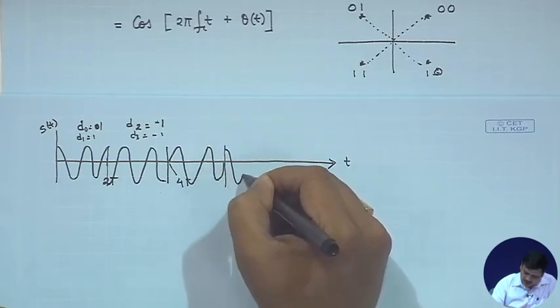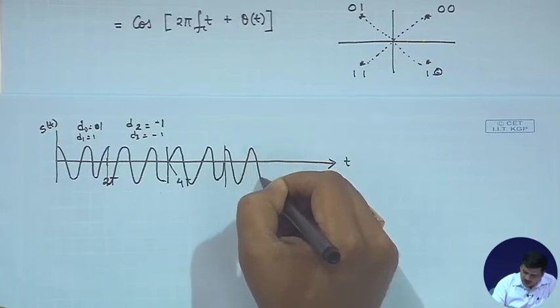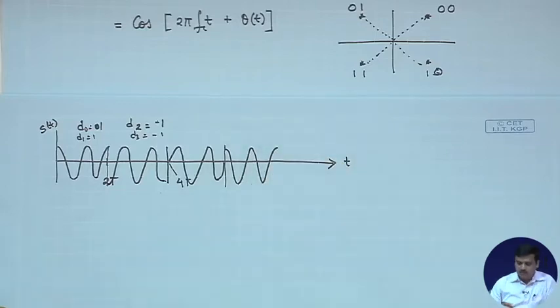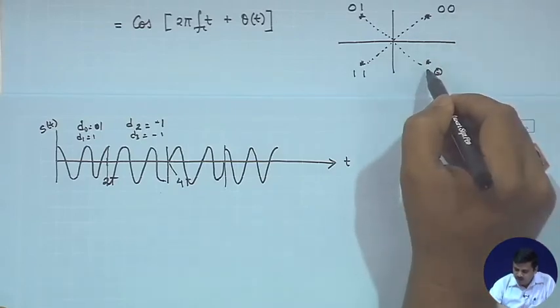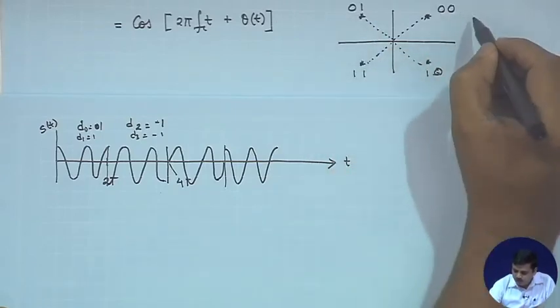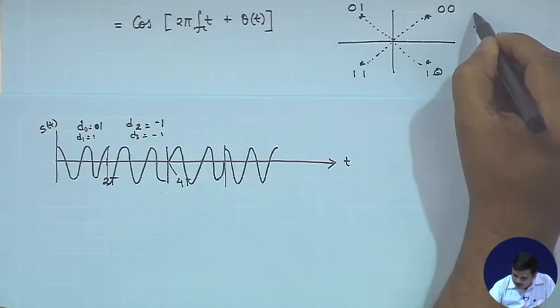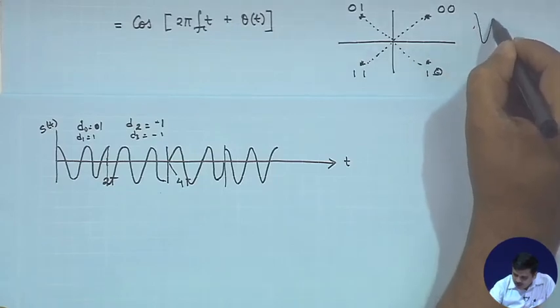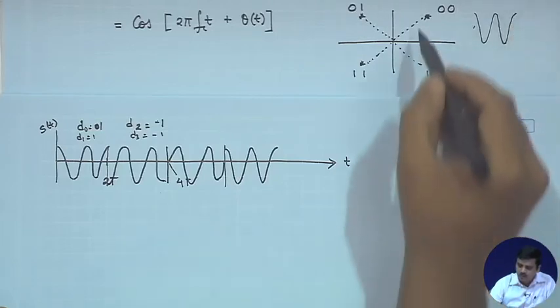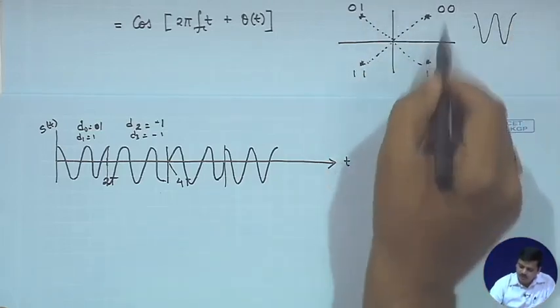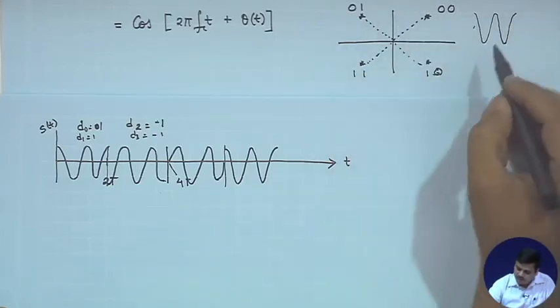That means every 2t interval you are going to get one of these waveforms. So, you are going to have a certain waveform over here, and another waveform. All these different waveforms are going to differ from each other with a phase of pi by 2. So, there is a pi by 2 phase shift relatively between them, right.